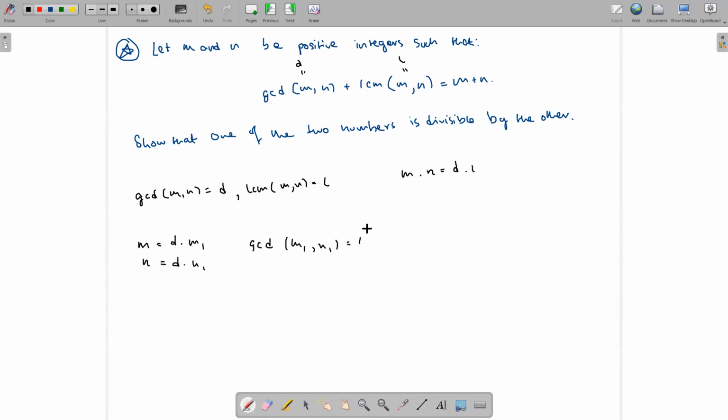Now we'll look at the equation that is given. We can rewrite that as D plus D m1 n1 equals D m1 plus D n1. Now we can just cancel D out.